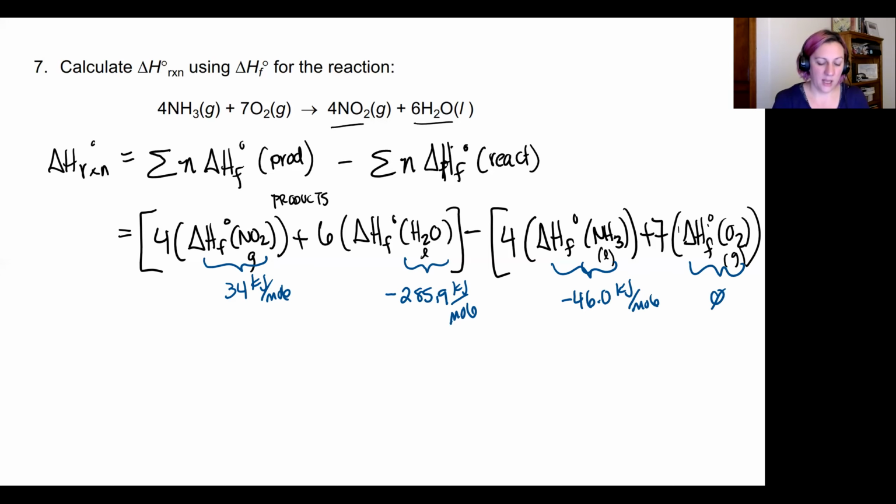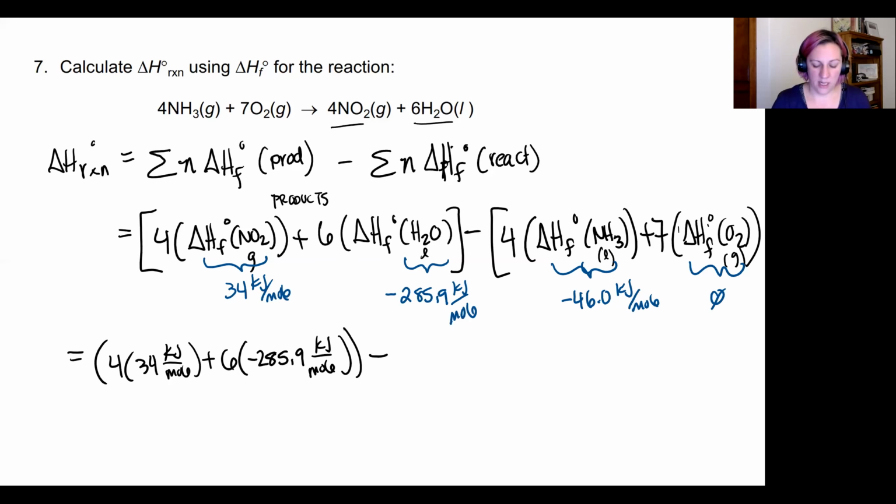So the equation I'm going to plug into my calculator is essentially going to be 4 times 34 plus 6 times negative 285.9 minus my 4 times negative 46.0 plus 7 times 0.